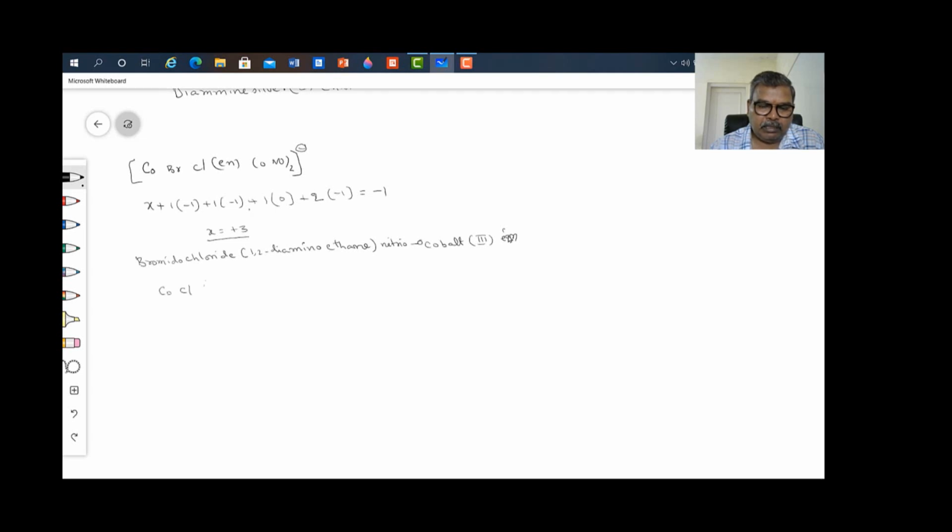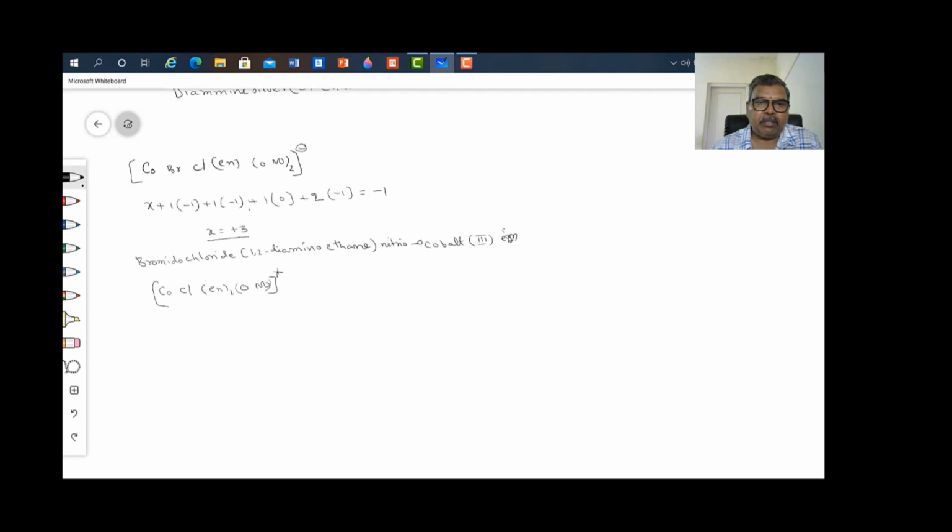Co, Cl, en twice, ONO. So this is a ligand, ONO. It is already known, an ambidentate ligand, oxygen is the donor. So -1, -1. See here, this is a cation.